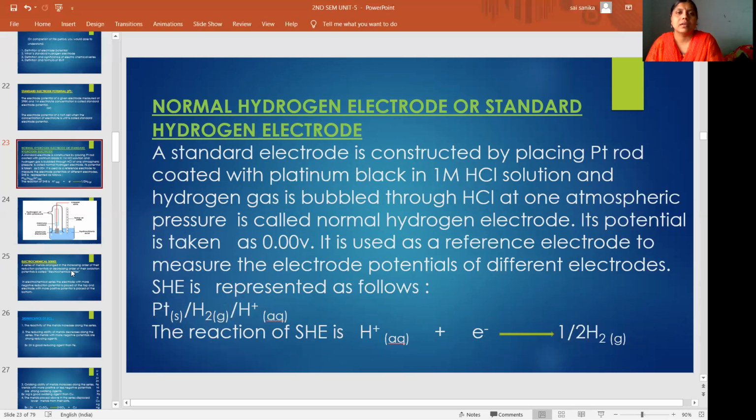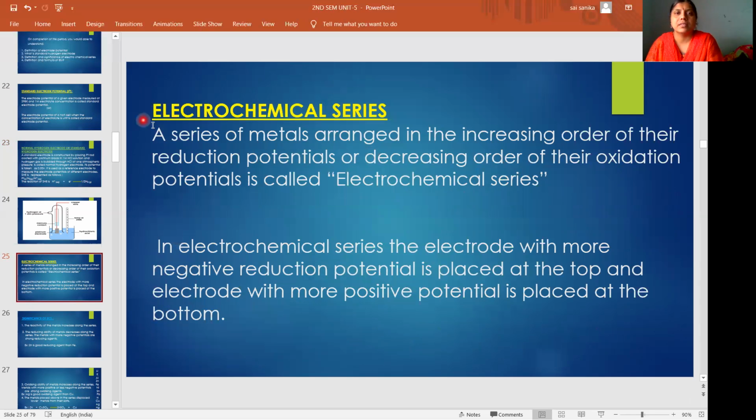Then next we come to the electrochemical series. This is very, very important. A series of metals arranged in increasing order of their reduction potentials, or decreasing order of their oxidation potentials, is called the electrochemical series.